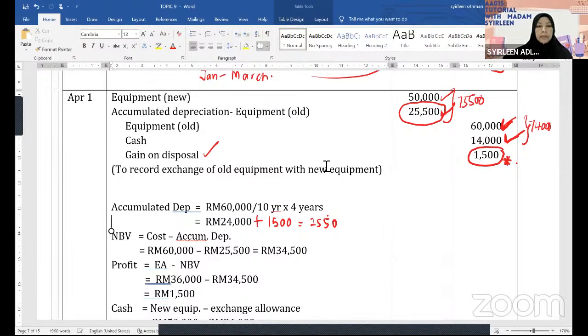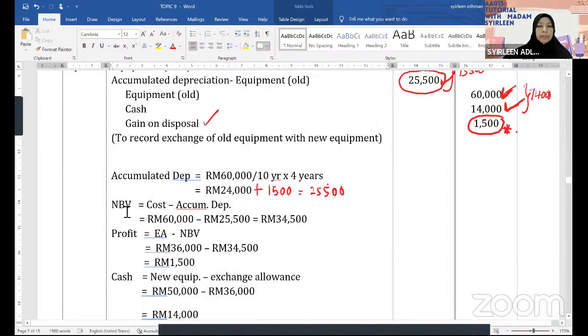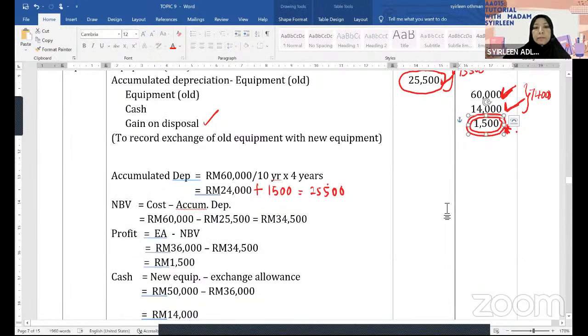Okay. So net book value. Berapa net book value? Okay. Net book value ni just for you to calculate lah. Okay. Sebab kita nak kira kita punya profit or loss. Tapi without this calculation pun should be okay. Sebab saya boleh dapatkan nilai gain on disposal ni based on my journal entry saja. Which is 1,500 ni tadi. Okay. Kalau you nak guna calculations to calculate, that means you kena cari dulu your net book value.